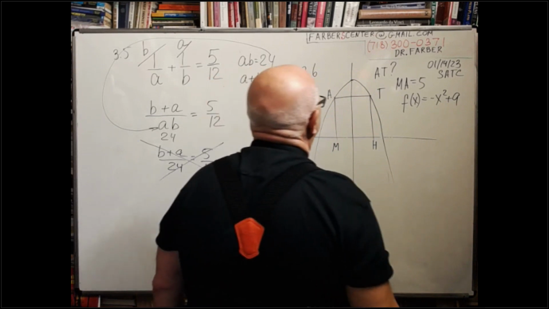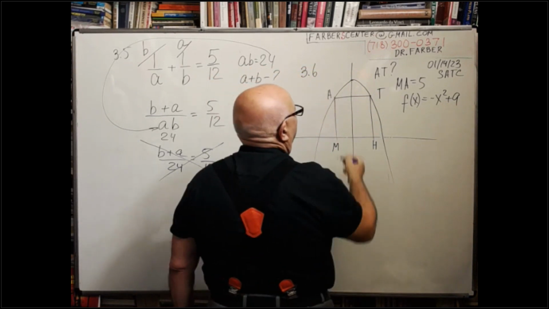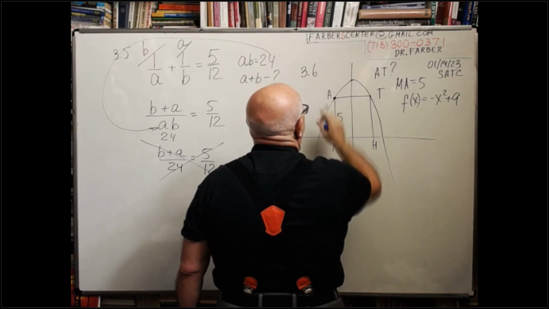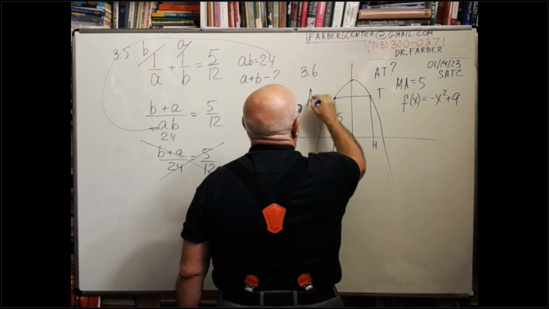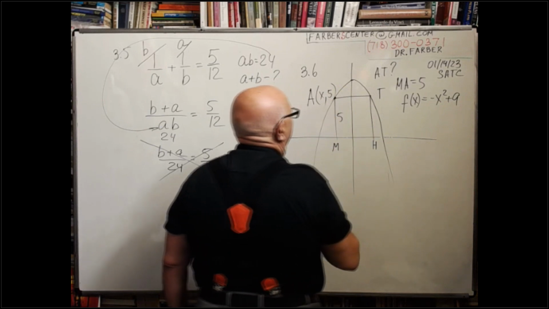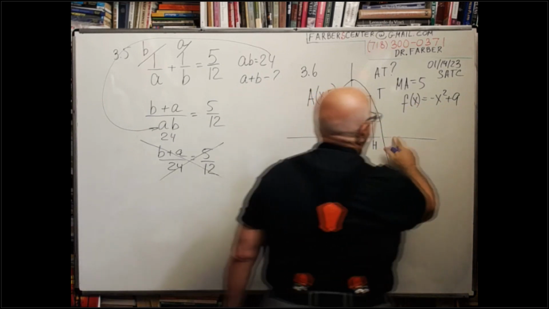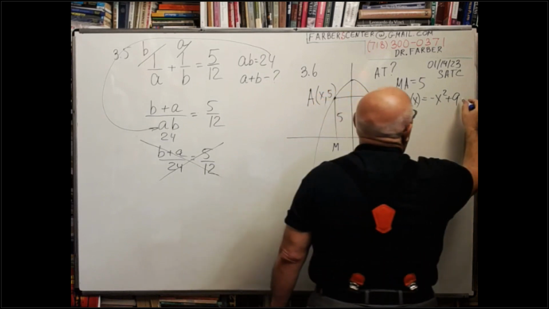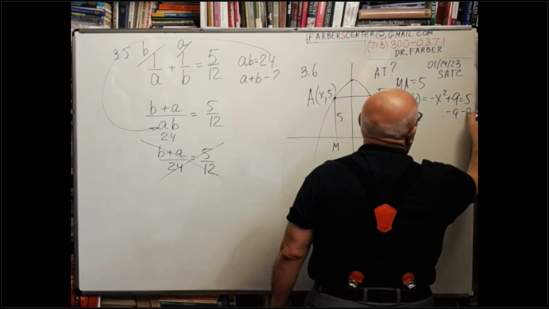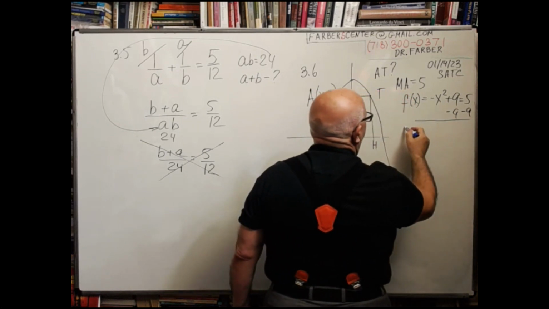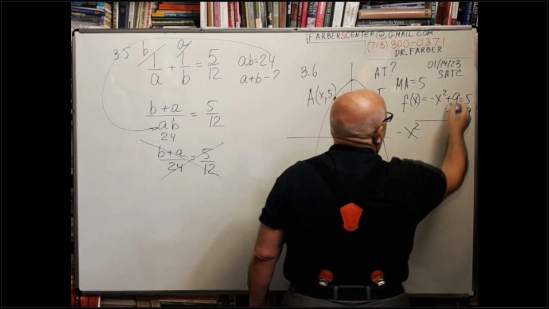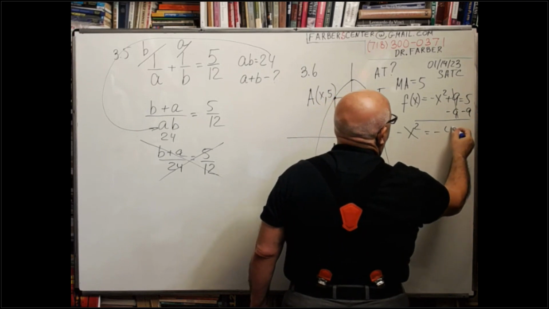Well, if this is MA equals 5, it means y coordinate is 5. It means f of x equals 5. And this equals 5. Minus 9 and minus 9. X squared with minus cancel out equals negative 4.